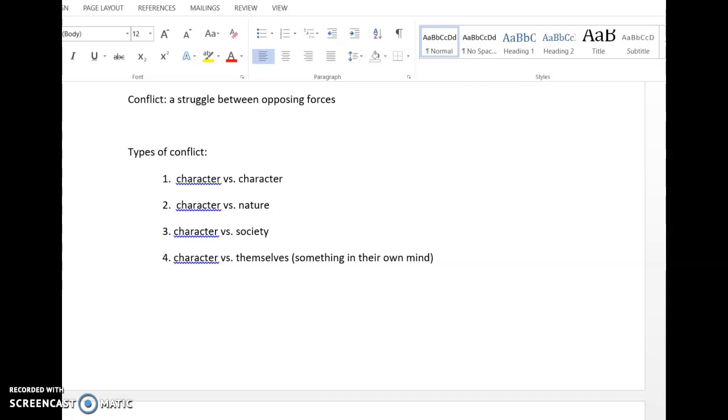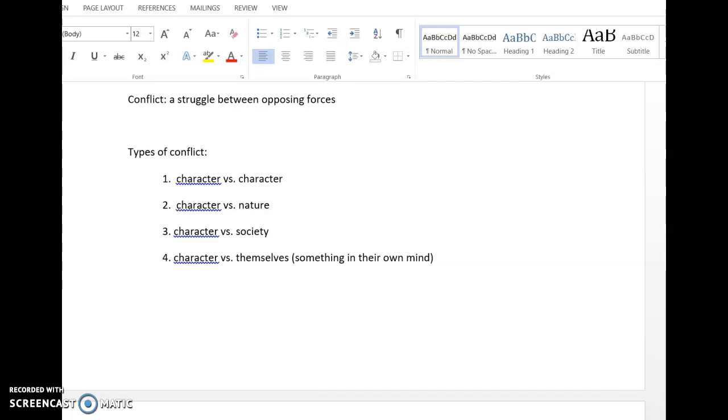You've got his mom and dad that are kind of against him, so you've got quite a bit of character versus character there. In All Summer in a Day, you've got the character versus character conflict because the children are mean to Margot. When they lock her in the closet, they're hurting her, so it's a character versus character situation.